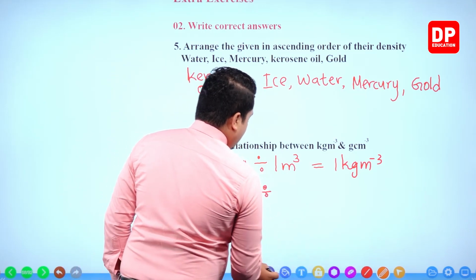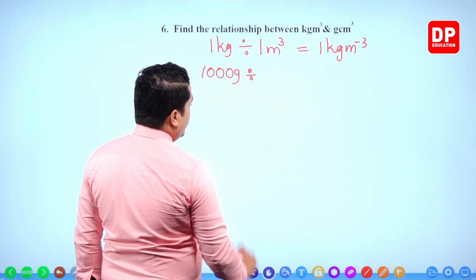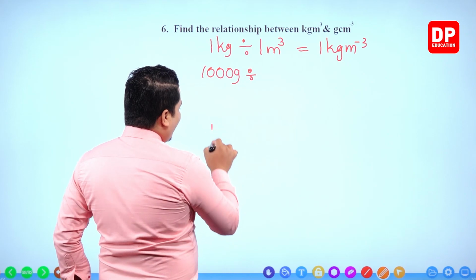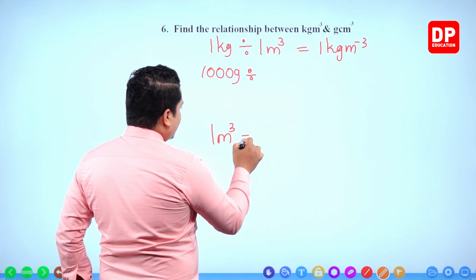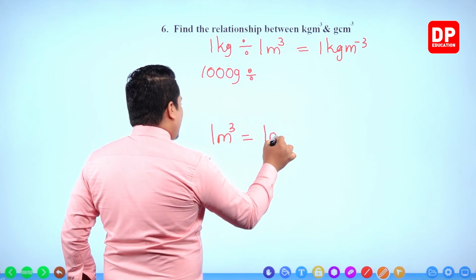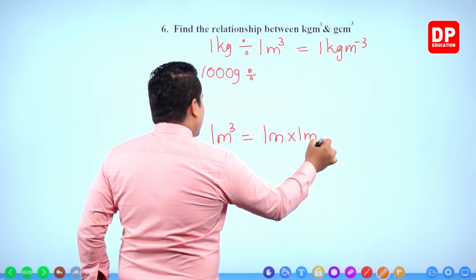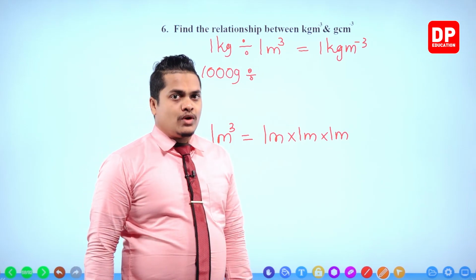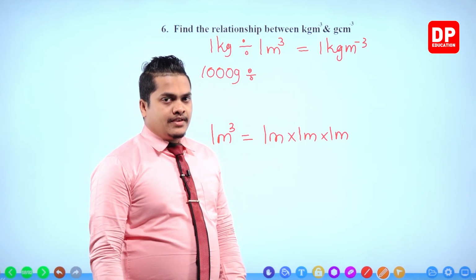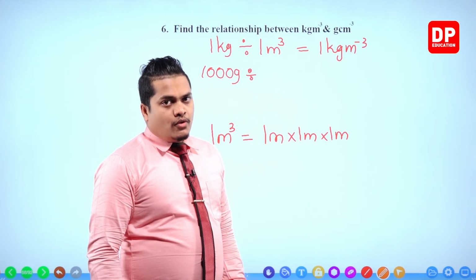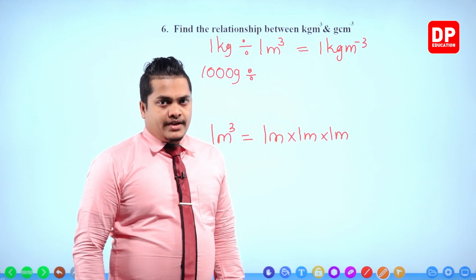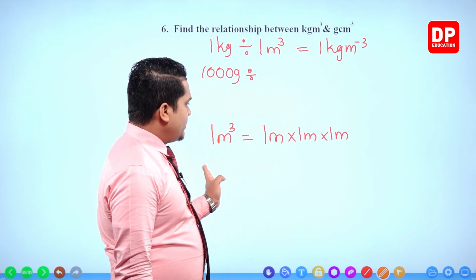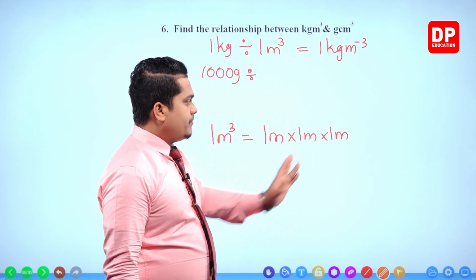So I'll take the slide somewhat up in order to show the relationship, my dear children. 1 cubic meter is equal to 1 meter into 1 meter into 1 meter. Can you remember the cube that we used to define the density? We found the volume by multiplying length, breadth and height, which is 1 meter each.